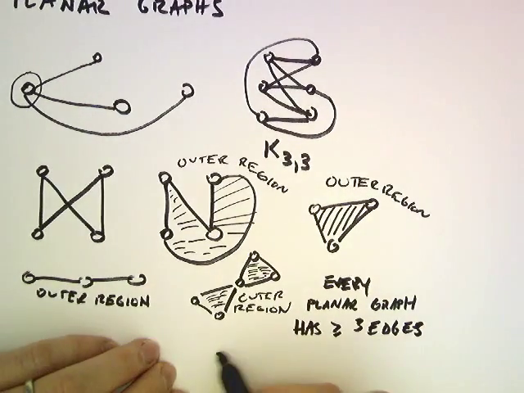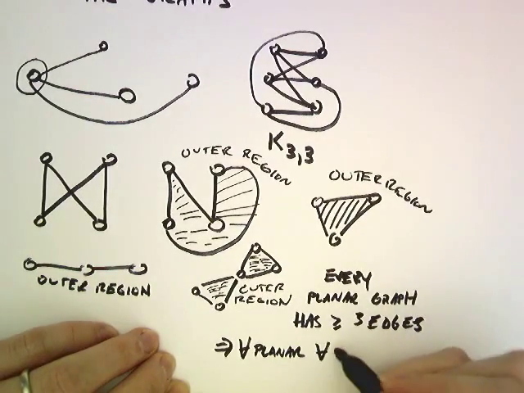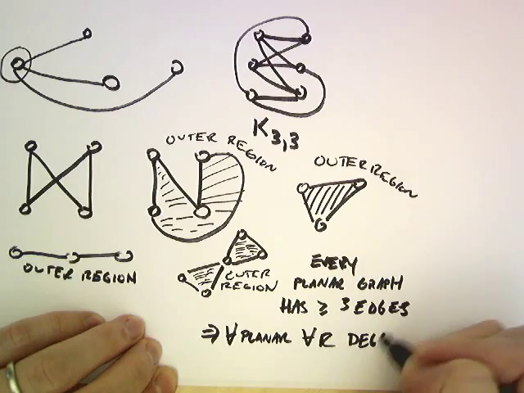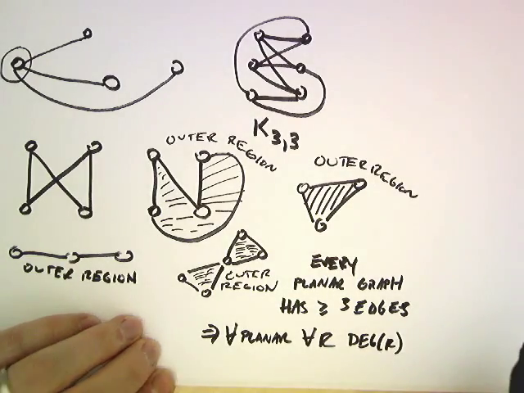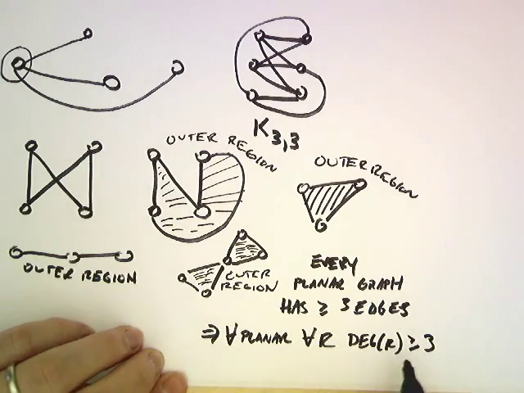And this is going to imply that for any planar graph, and for any region R in that planar graph, the degree of the region is going to be at least 3. What is the degree of a region?